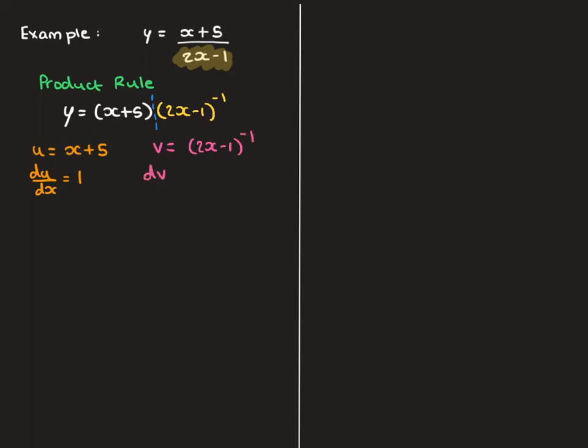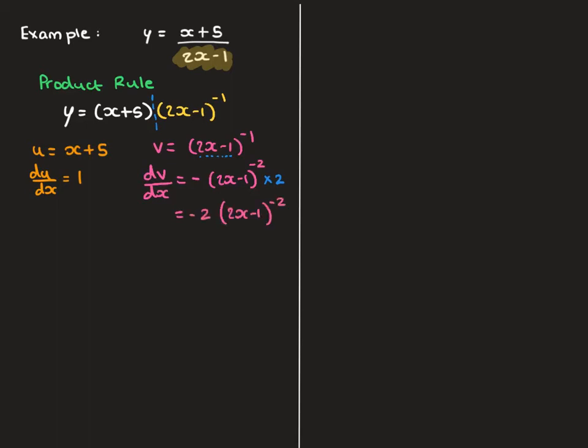Now that's a composite, so when I differentiate it, I'm making use of the chain rule, and hopefully you see by now why we have to use the chain rule so quickly and efficiently. So multiply by the power of negative 1, reduce the power by 1, so it's negative 2, and then multiply by the derivative of the inner function here, which of course is 2. So this then gives me negative 2 bracket 2x minus 1 to the negative 2.